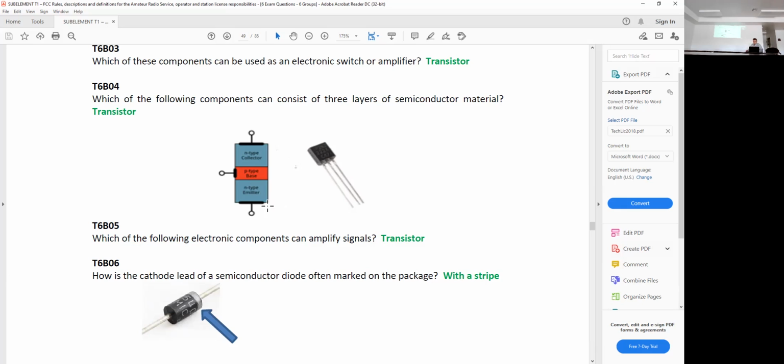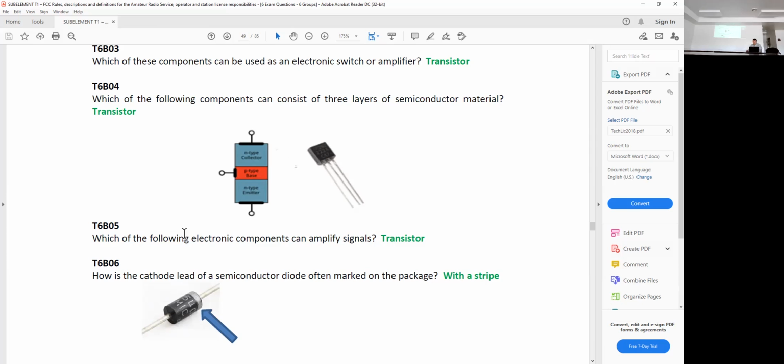Okay. Well, essentially what you've got is one half of this is a diode and the other half of it is another diode. That's basically what makes up a transistor. But you'll know it's not a diode because there are 3 connectors on it, and a diode will only have 2.